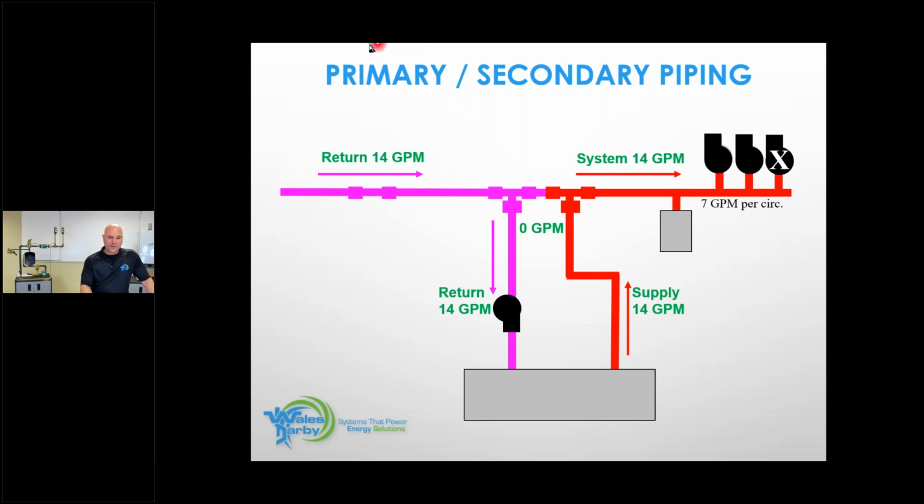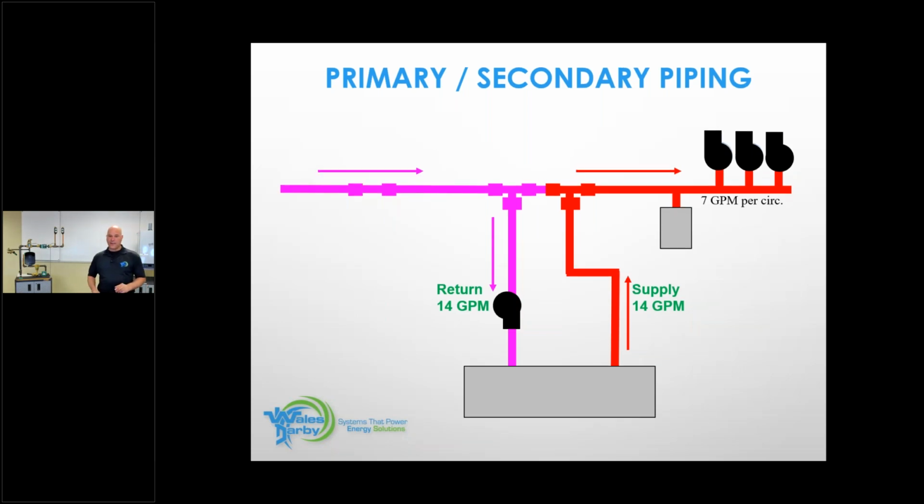They're going out through their heat emitters, coming back to the return, and then dropping back down into the boiler at 14 GPM, which means we have 0 flow taking place between the two closely spaced T's. Another reason we need those T's close together is so we can manipulate the flow or no flow because of the low pressure drop between those two T's.